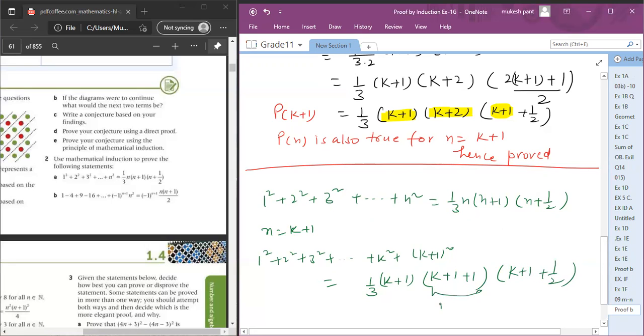This step I can write K plus 2. But now I know the future. I know what should be my answer. This is my answer. And if you look, after doing so much calculation, I'm reaching this step. And here, in the second line, I'm using this figure. But in the induction method there is a particular pattern.